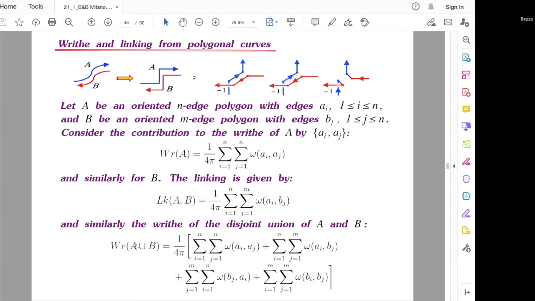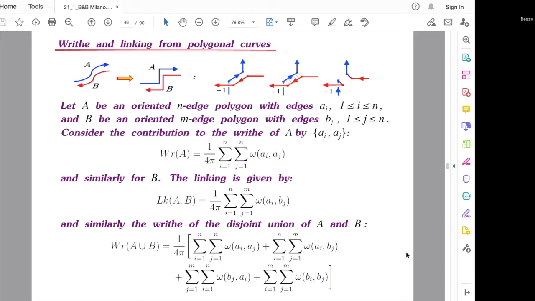And if we consider the writhe of the before stage of the union of these disconnected components, we can see that by just careful analysis, there is a contribution from these A_iA_j and B_iB_j that contributes to the writhe of A and the writhe of B. But then we have a contribution from these edges A_iB_j and B_jA_i, in other words, the linking numbers between these 2 quantities.